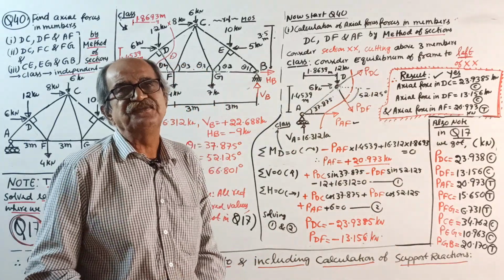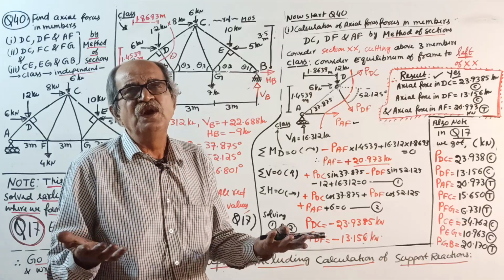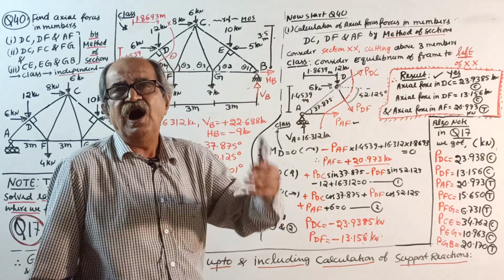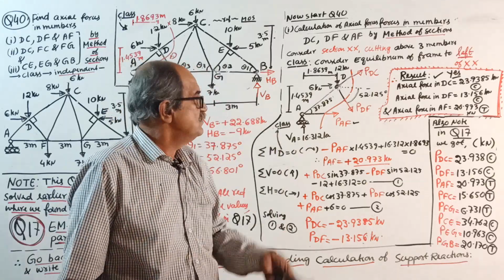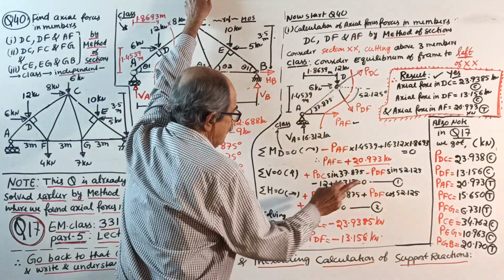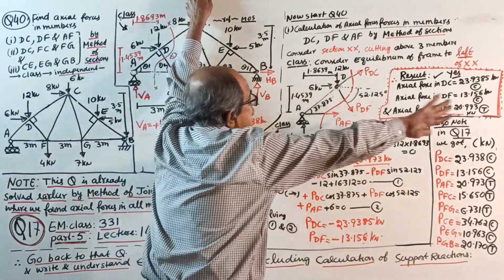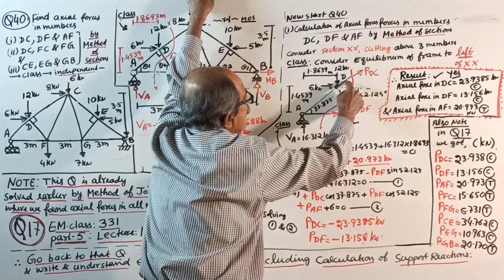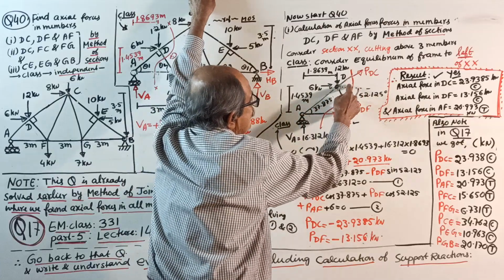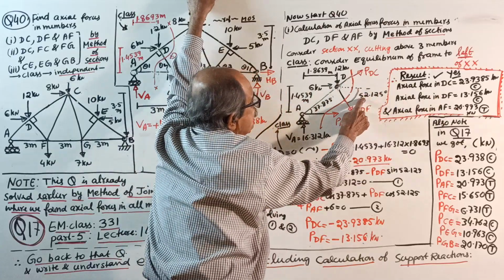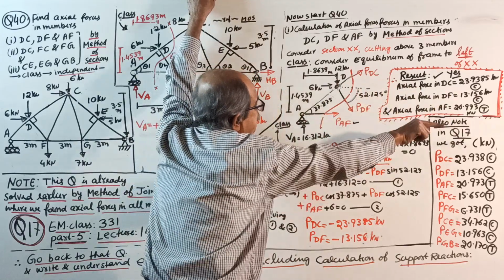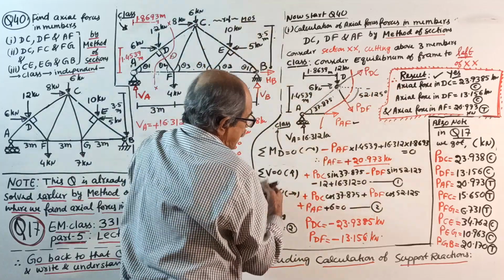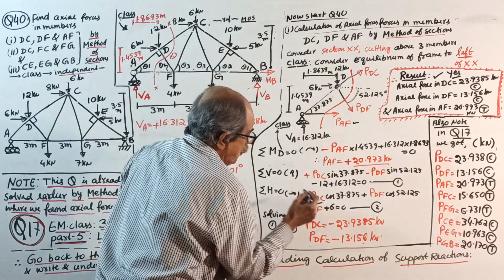If somebody asks, I will tell, don't continue my class. At this stage, engineering mechanics, after explaining thousands of times, we won't get the answer now. Sigma H equals 0, right side positive, unknown first: plus PDC cos of 37.875, plus PDF cos of this angle, plus PAF, plus 6 equals 0. Remember, PAF is already known.